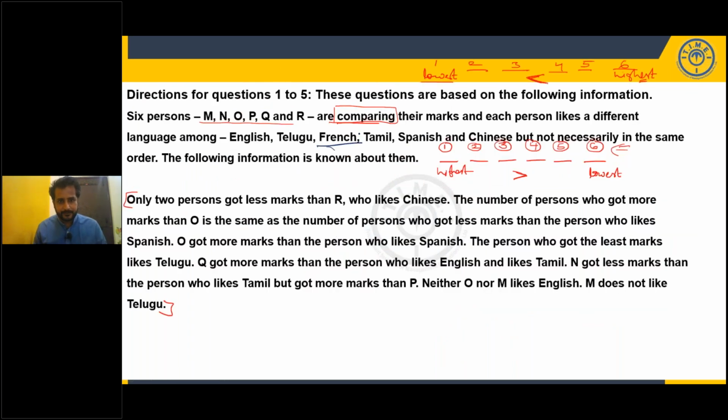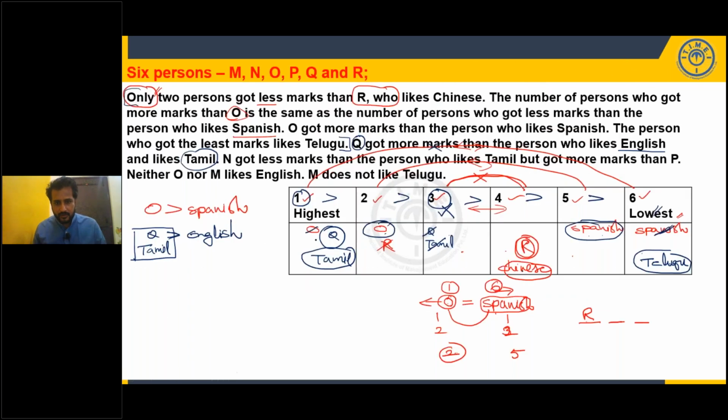So in this position I can write French or English, and here English or French. So Tamil, French or English, English or French, Chinese, Spanish and Telugu. All the languages are fixed. And how many persons are fixed? 3. Q, O and R are fixed.